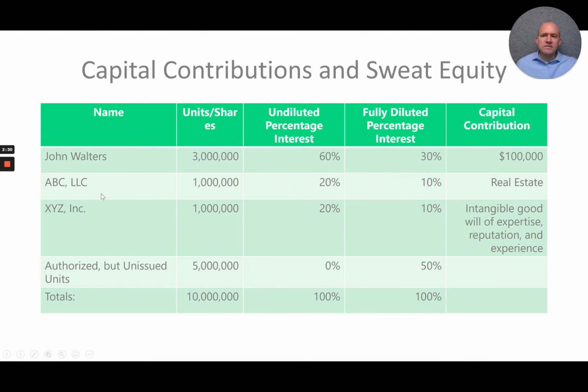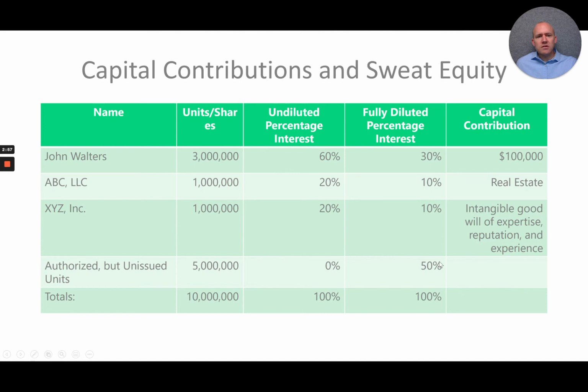And then let's say ABC LLC is another partner, and they're bringing in the real estate, and so they're going to contribute that real estate. When you're contributing money or actual tangible property, it's very easy as far as taxes go, because the IRS looks at it and goes, okay, you put actual property or cash into this business, so you're not going to have to consider you got some sort of income for it.